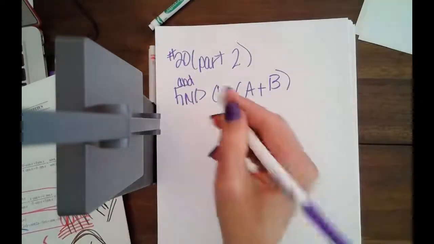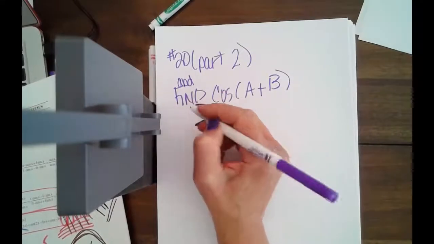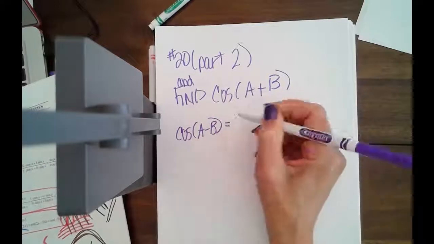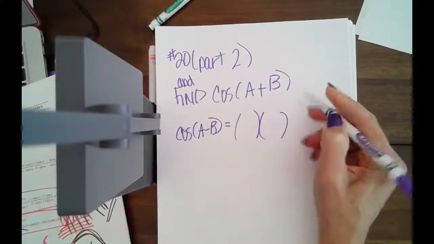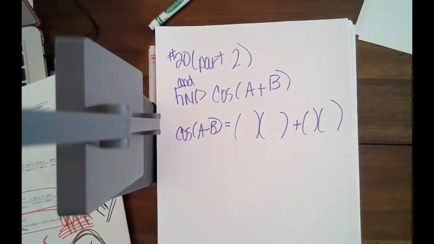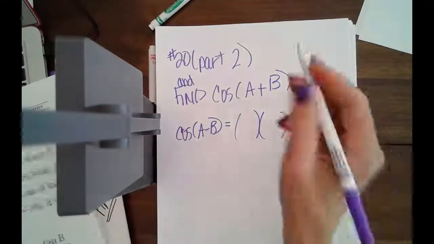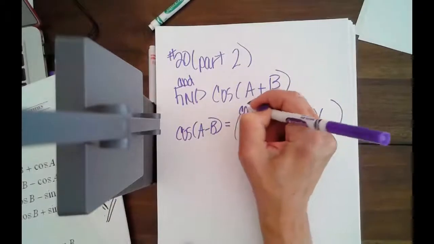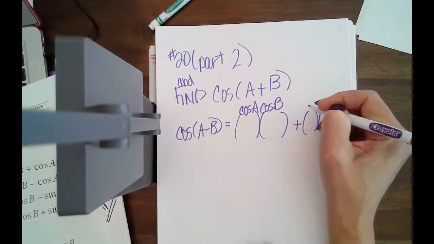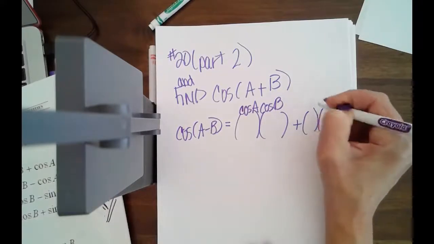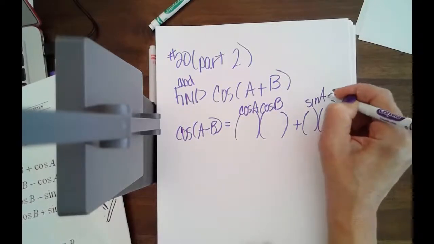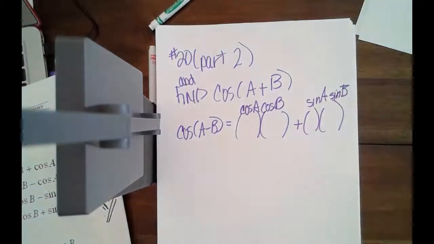Okay, so looks like we have the following. Cosine of A plus B is equal to cosine A times cosine B, and then minus sine A and sine B. All right, we have all those values already on our previous page.